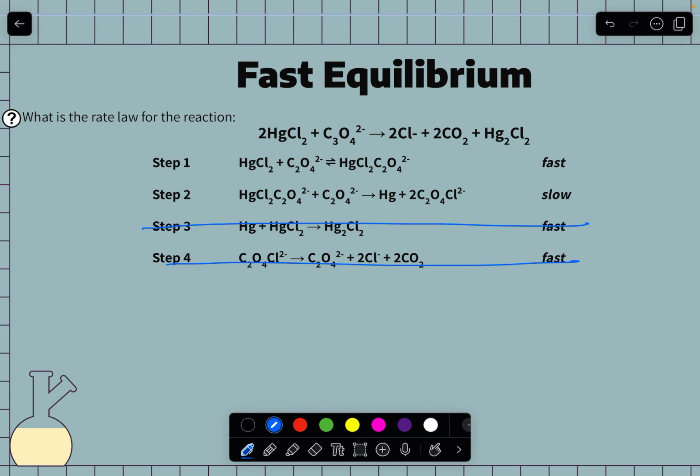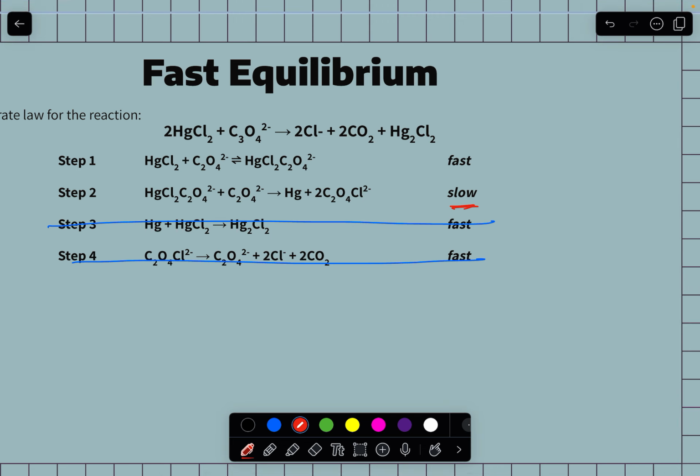Our second step from the fast equilibrium slide was to derive a rate law from our slow step. So our slow step here. Our rate law is rate equals K, and then we do our reactants. There's no coefficient, so we don't need any powers. But our first reactant is HgCl2C2O4.